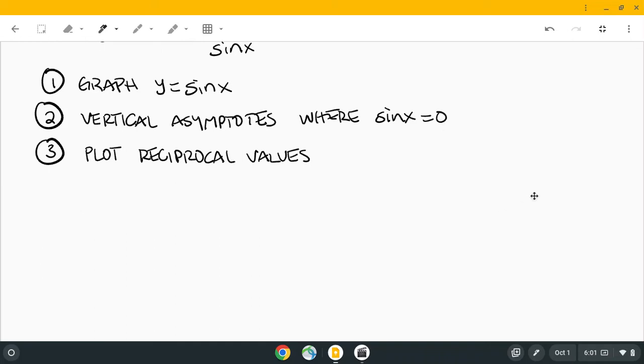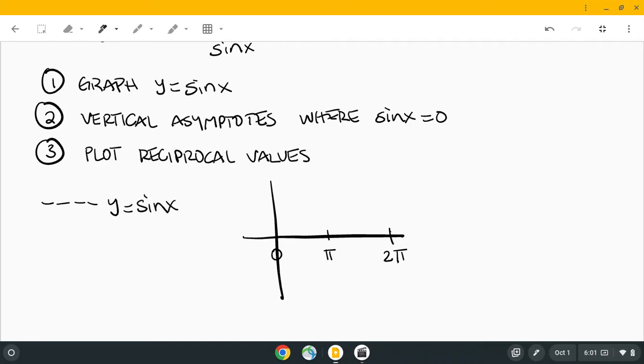Let's go ahead and do that. We'll graph it from 0 to 2 pi. I will do the sine graph with a dashed or dotted line, and then I'll do the final graph, cosecant, in purple with a solid line.